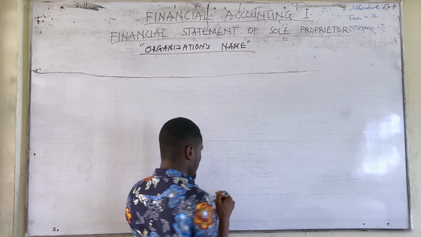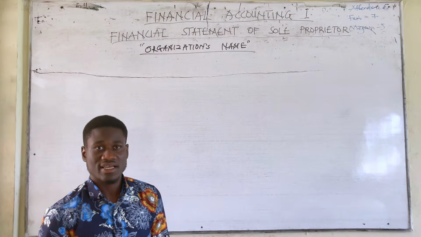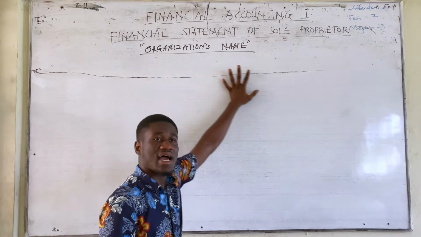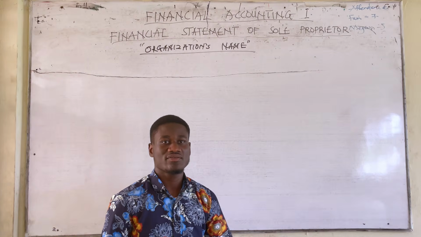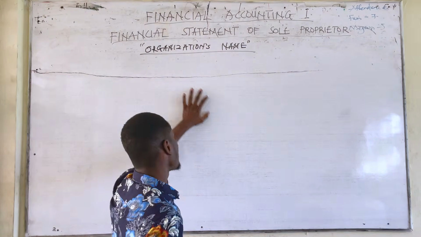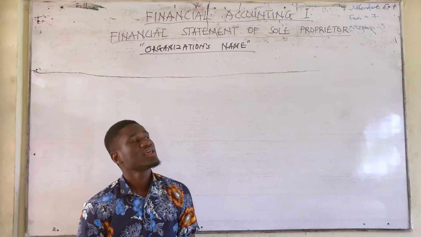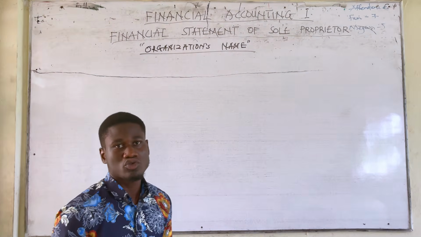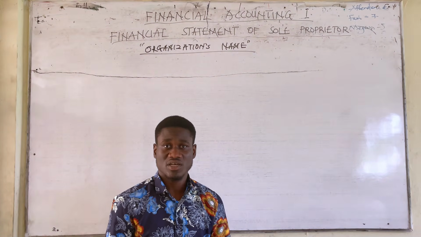If they give you, say, Men's Isaac Enterprise, you write Men's Isaac Enterprise and underline it neatly. So whenever you are given the question, you start with the organization's name or company's name. Then you come to the requirement. What did the question require of you? The question will tell you to prepare your profit and loss. After that, you prepare your statement of financial position.